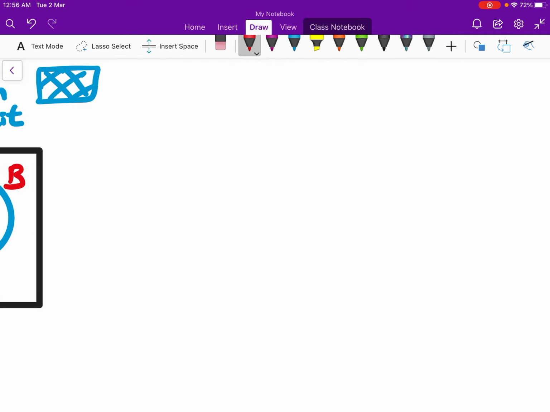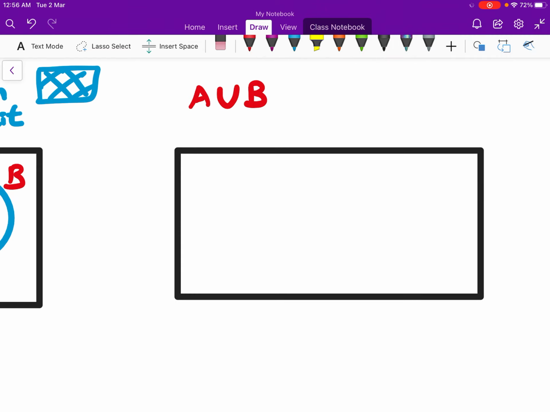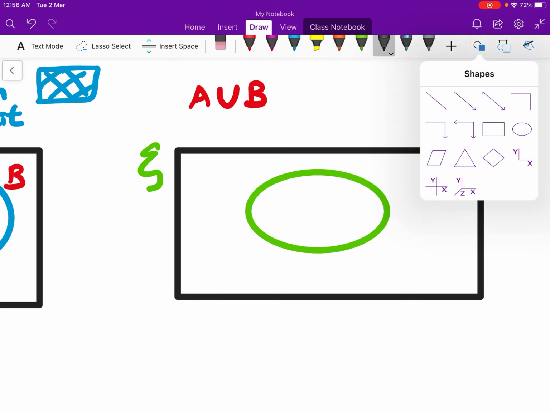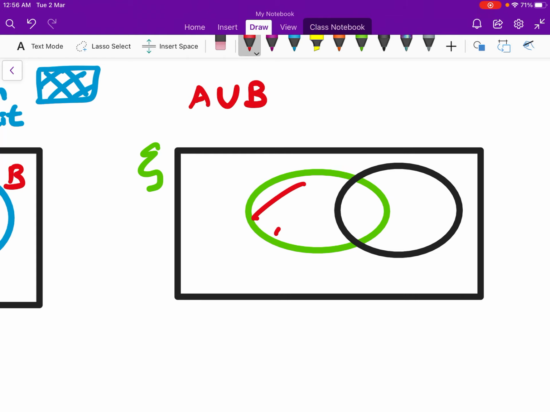For A union B, same thing, draw a rectangle. For A union B, I want both A and B. I first shade my A. Second thing, I shade my B. Remember your symbol.